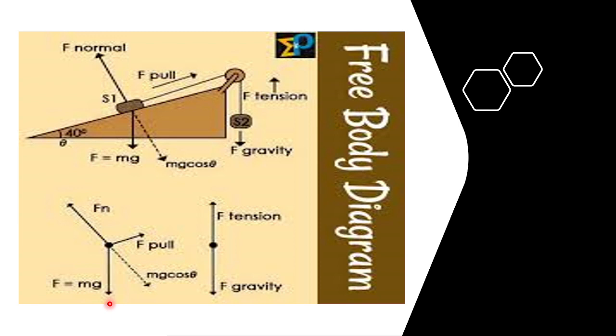This force is the mg force, which is weight, gravity force. And this is the normal force. This is pull, another force. You can see that the length of this force is smaller than this one. It means this force is less than this force. So always make the size of the arrows proportional to the size of the forces. Thanks for watching.